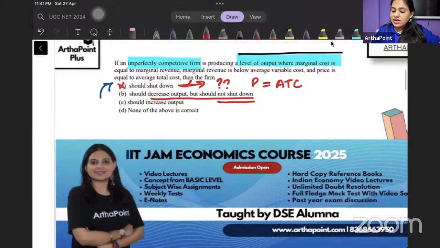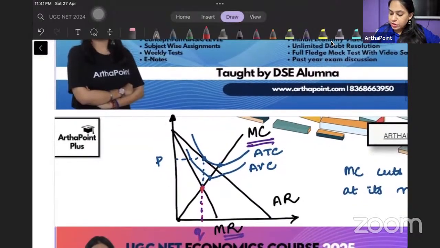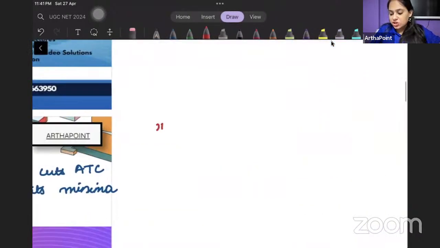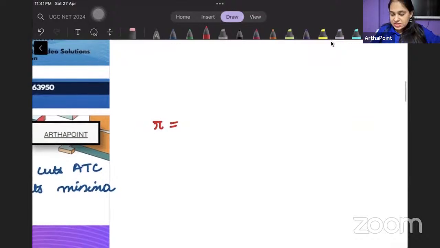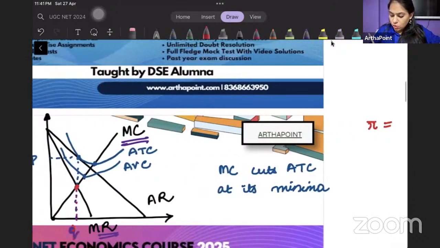Try to understand that I am already producing. So what is my profit maximizing condition? My profit maximizing condition is wherever MR is equal to MC. And here, the output that I have been told, at that point, MR and MC are equal to each other. MR is equal to MC.